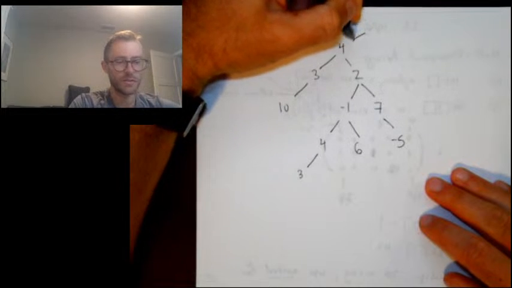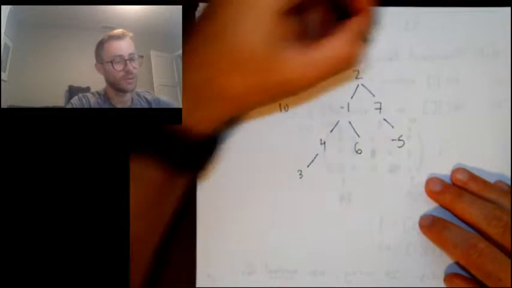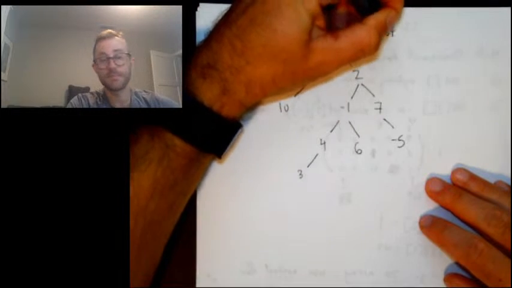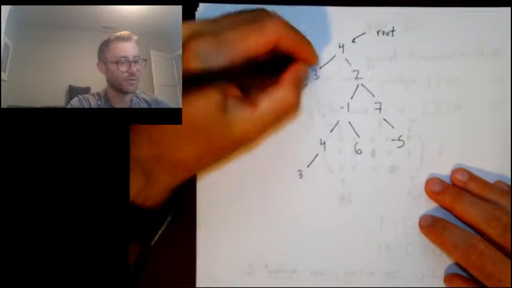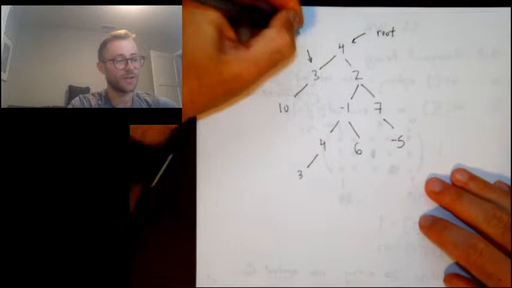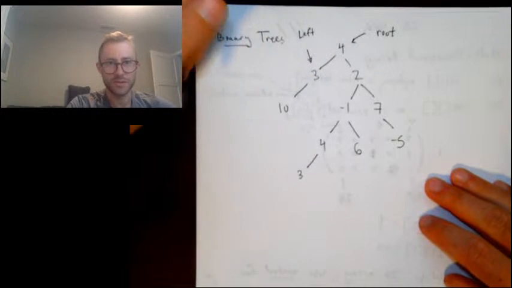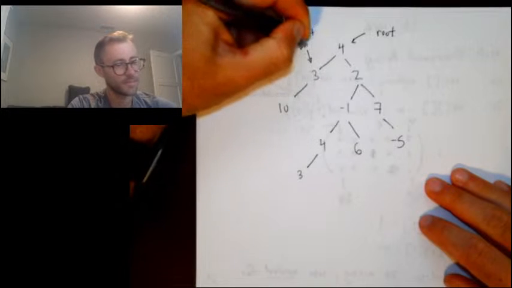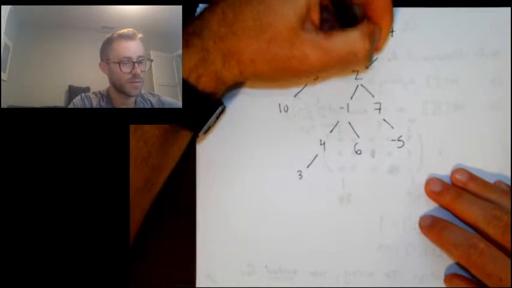There's a single element at the top of the binary tree, which is called the root. And the root basically has a left child, or a left branch, whatever you want to call it, and it has a right branch.